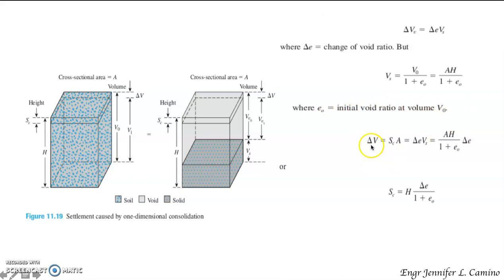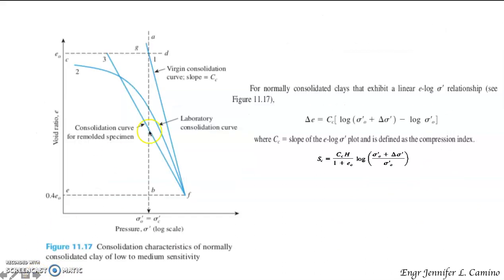And of course, from our previous illustration, delta V is equal to this equation, and from this we can obtain the value for the primary settlement S sub C, which is now equal to H times delta e all over 1 plus e sub 0. Delta e is the change in void ratio, e sub 0 is the initial void ratio, and of course H is the height of our soil sample. So that is now the computation for the primary settlement.